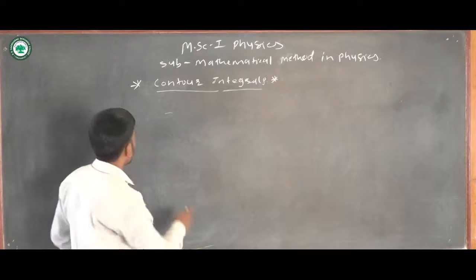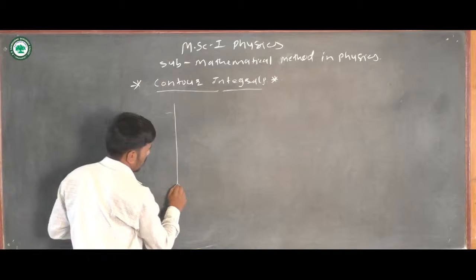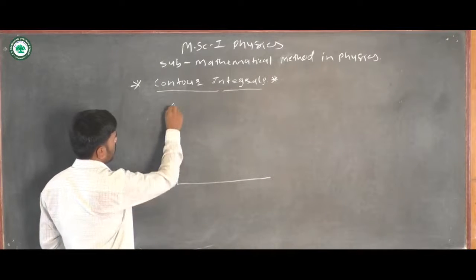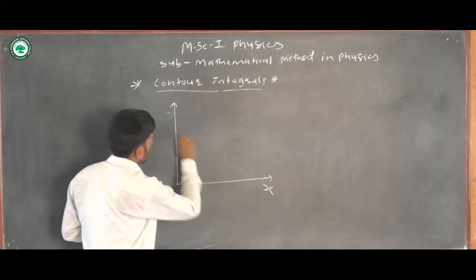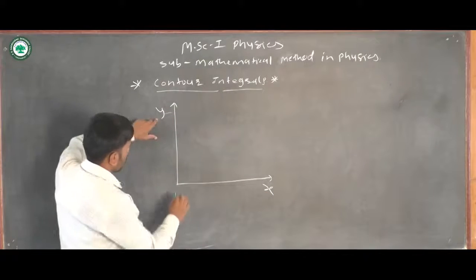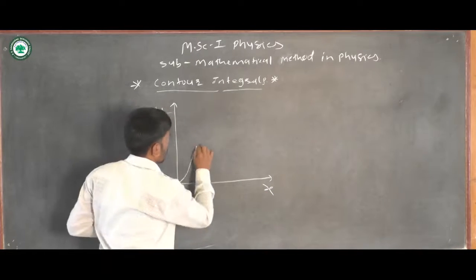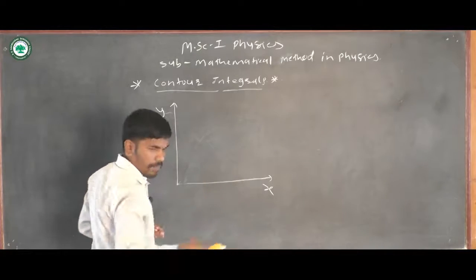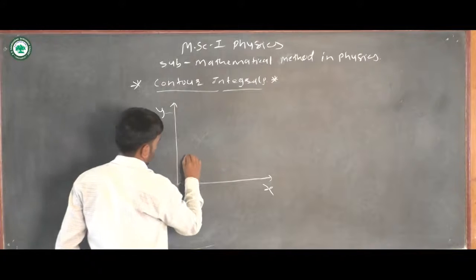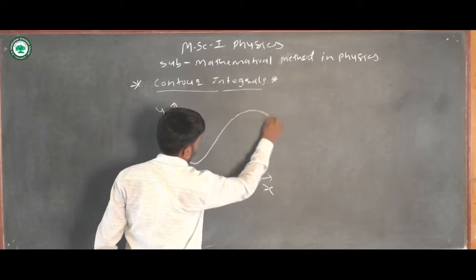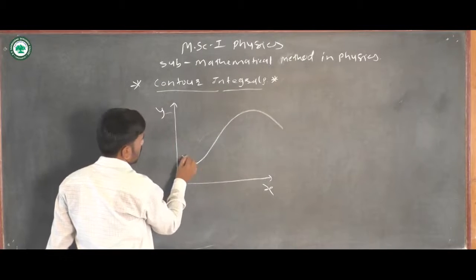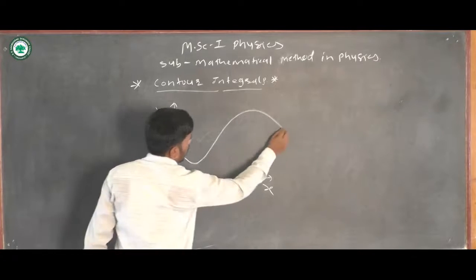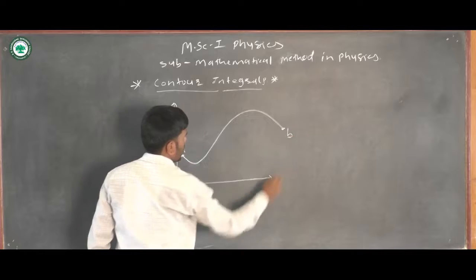Here I consider a graph with axes x and y and one curve. This is the curve I am considering. Suppose its initial point is A and its last point is B.